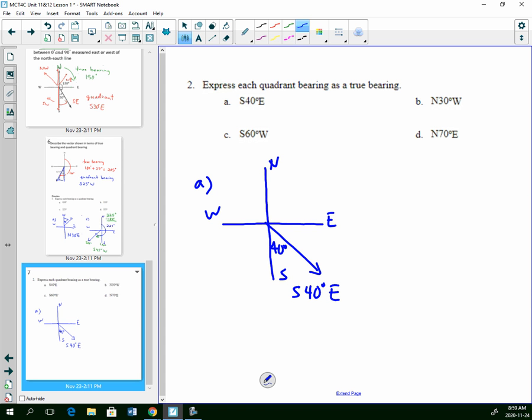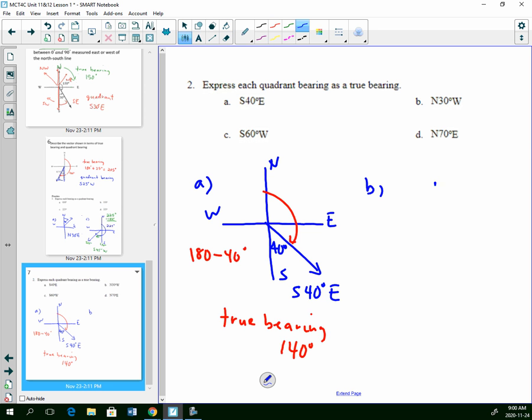So if I were doing that as a true bearing, I'm going to measure from north and end up at that vector. So the true bearing would be 140, because I know it's 180 to south, so I can do 180 minus 40 will give me the true bearing.